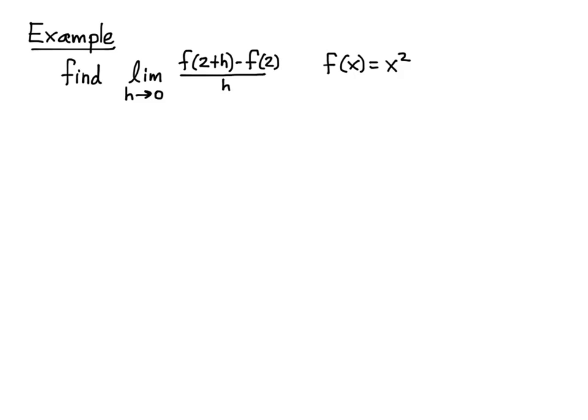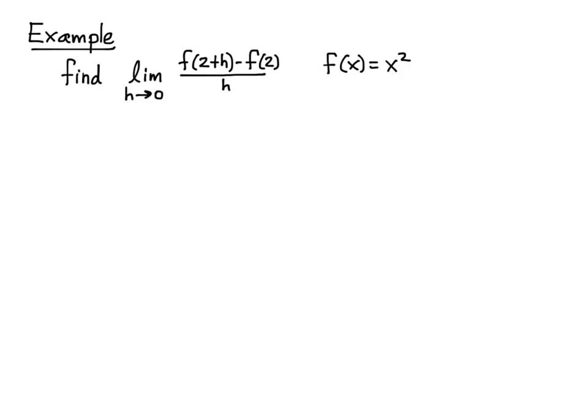What I'm really asking is, what is the slope of this function when x equals 2? If I make a quick sketch of this, and this is, of course, 4, what I'm looking for is the slope of that tangent line.